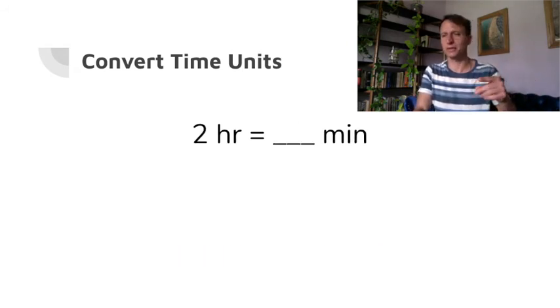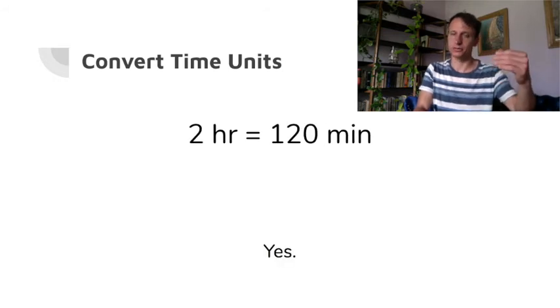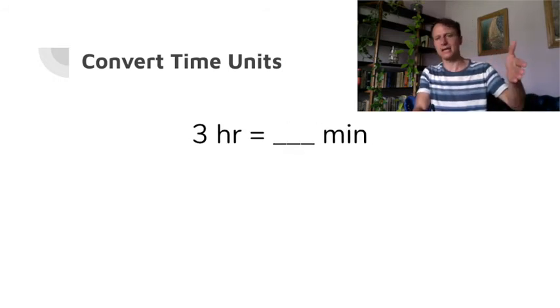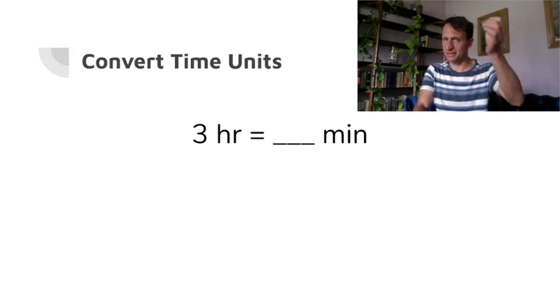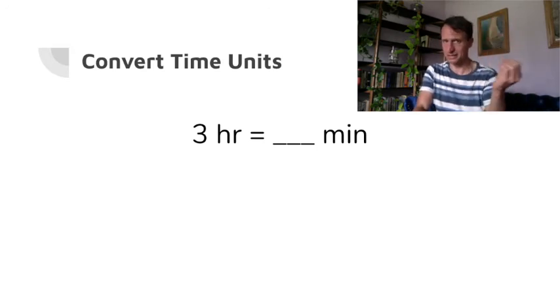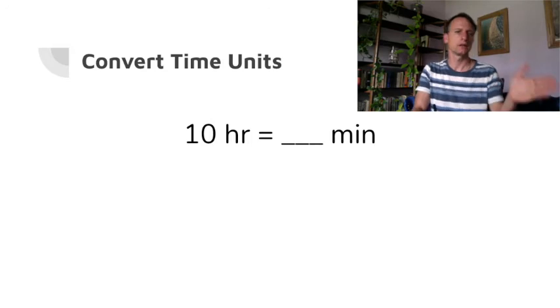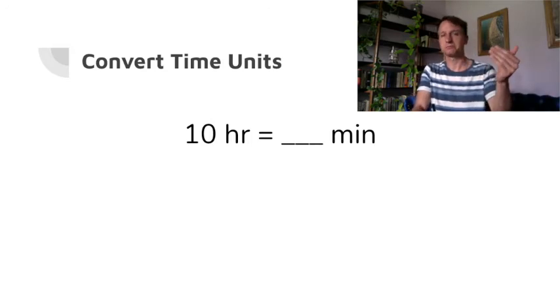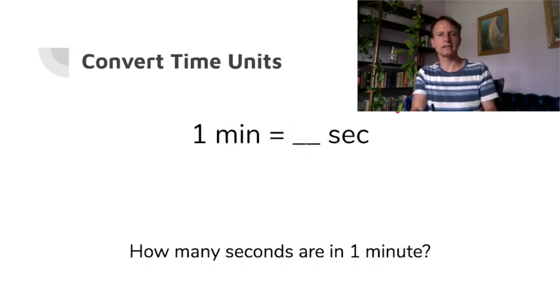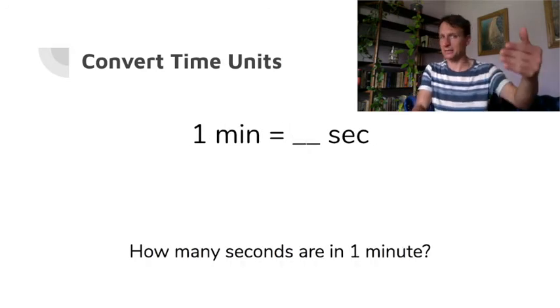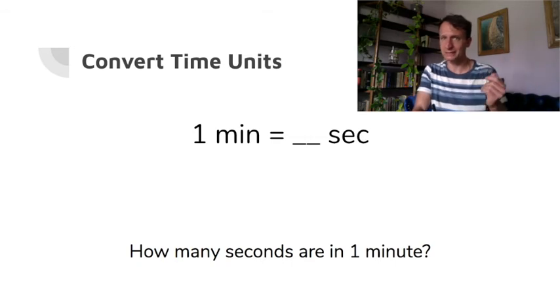So 2 hours would be 120 minutes. 3 hours, 6 times 3 is 18, times 10, 180. 10 hours, 10 times 6 is 60, times 10, 600.